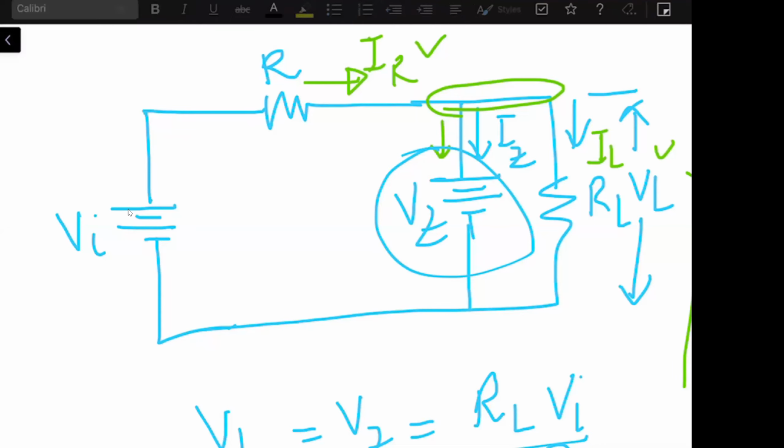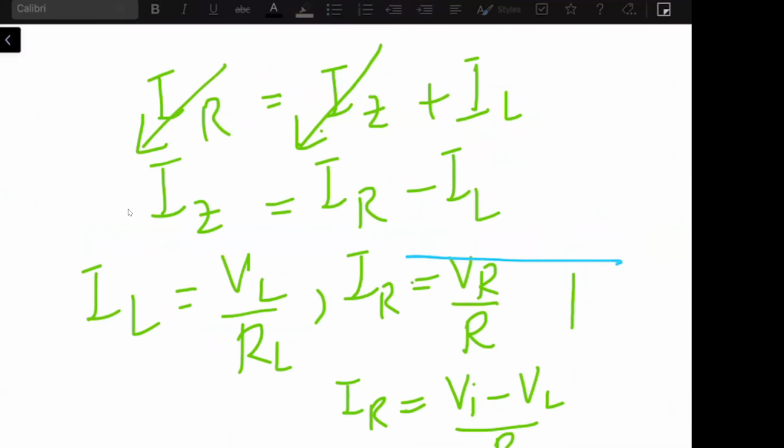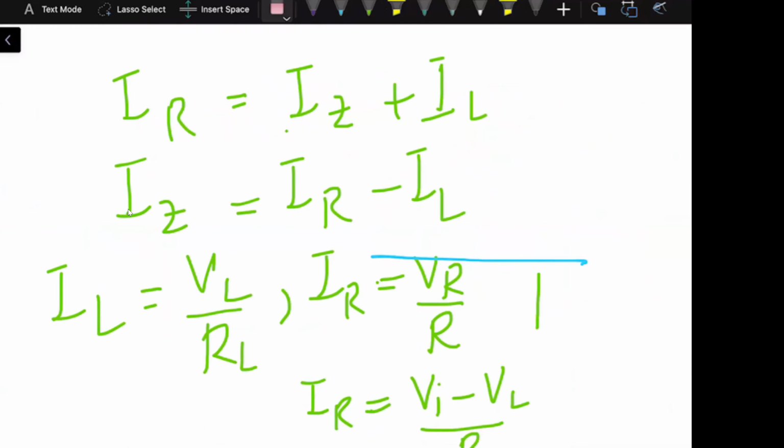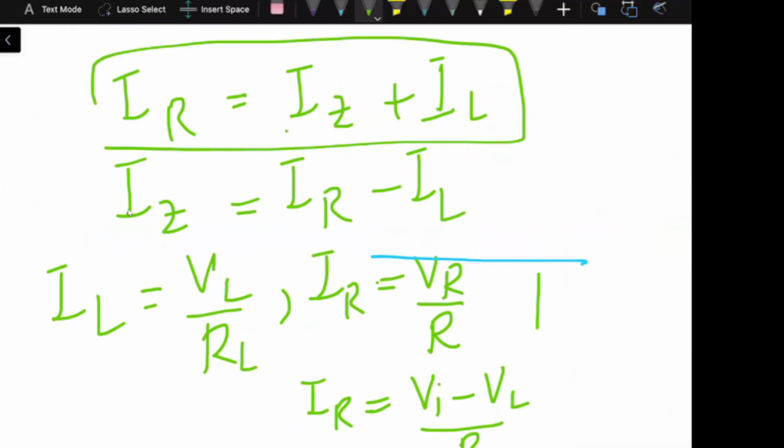Because we have this equation: IR is equal to IZ plus IL.